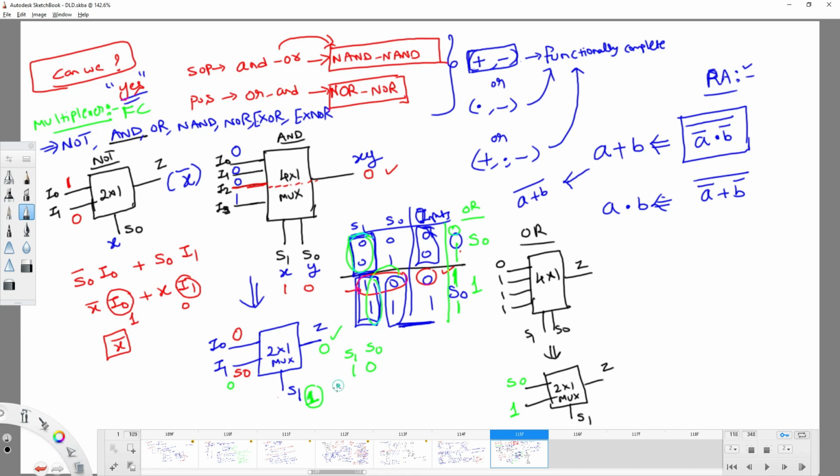No. Here the same thing can be rewritten like this. If I have a 2 by 1 mux, this is I0, I1, and the select can be S0 also. See, earlier I took this as S1. Now if I take it as S0, what do you have to combine? This 0 and this 0 you have to combine.